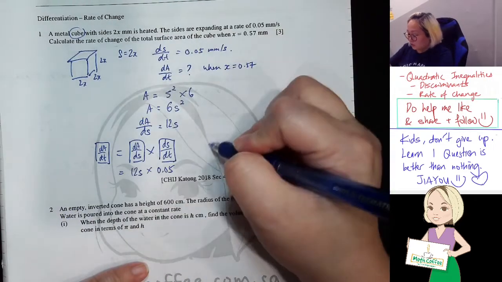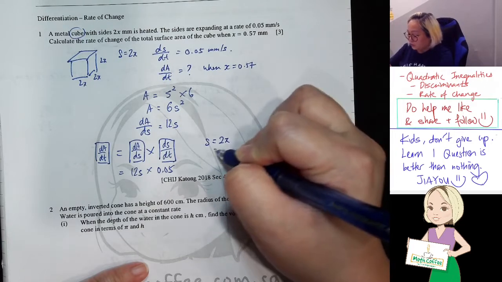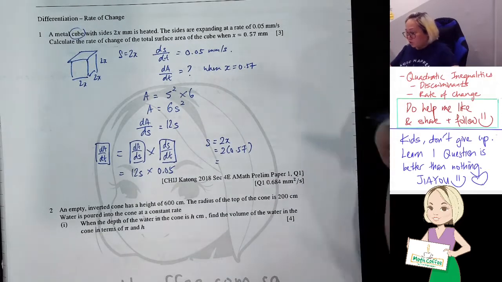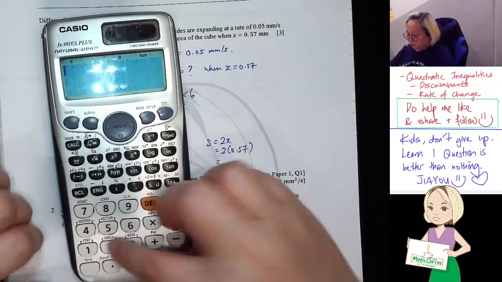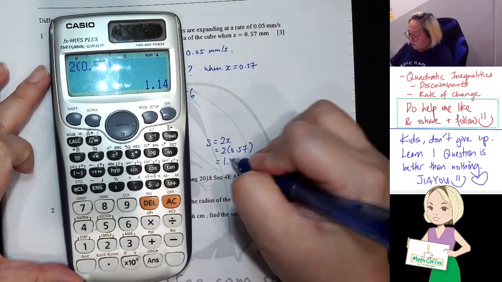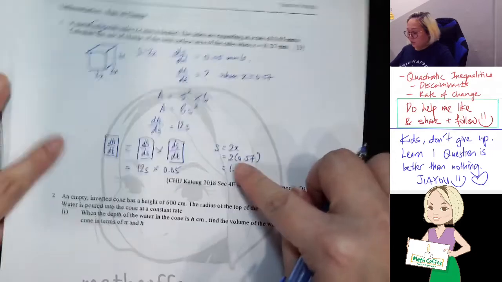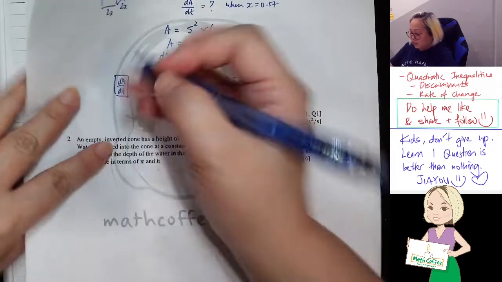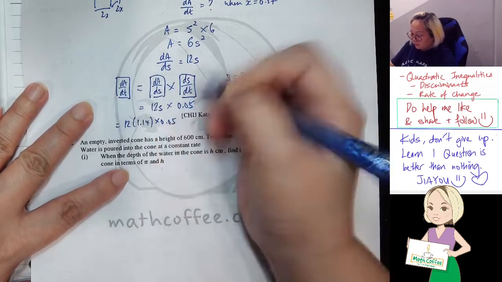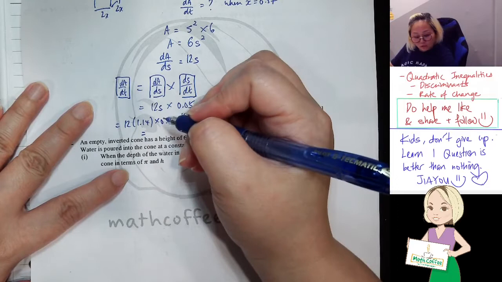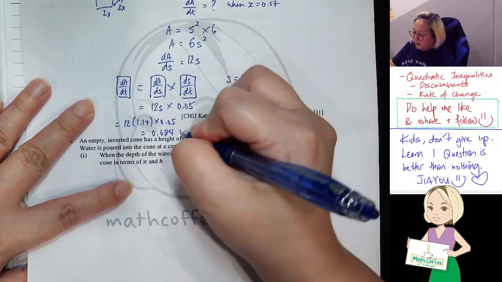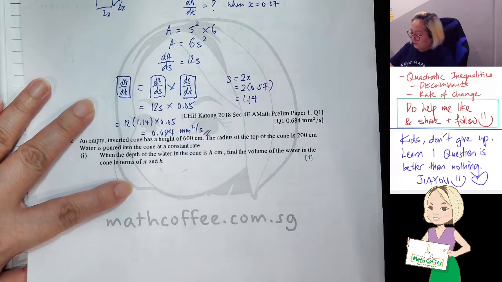So s equals 2 times 0.57, which is 1.14. Now you sub this 1.14 in, so it becomes 12 times 1.14 times 0.05, and that will give us 0.684. Because it's area, it's mm squared per second. Done.